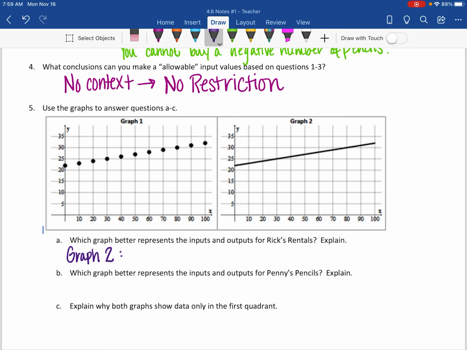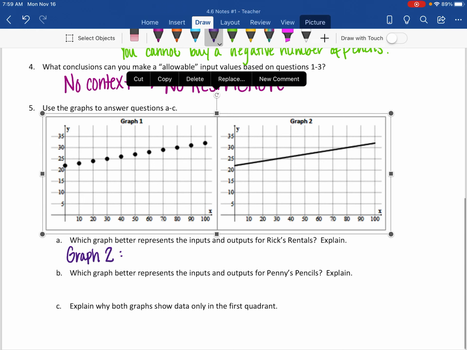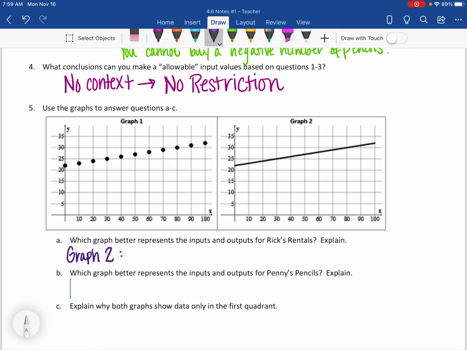So I'm looking right here at the first graph. It's only showing me the cost for 0 pencils, and it's only showing me the cost for 10 pencils. So can I buy between 0 and 10 pencils? Probably. So can I drive between 0 and 10 miles? Yes. So it makes more sense to have the continuous line.